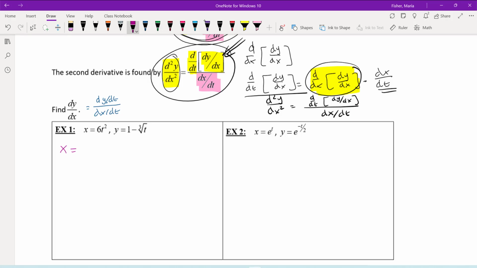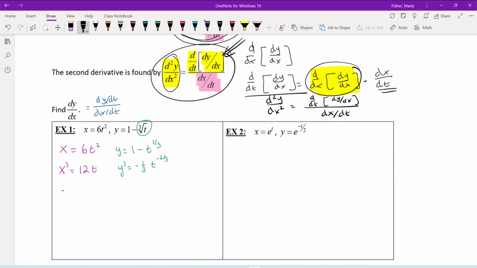If I have x equals 6t squared, instead of writing dx/dt, I'm going to write x prime. x prime here would be 12t. And for the other one, y equals 1 minus the cube root of t, I'm going to write it as t to the 1/3. y prime is going to equal negative 1/3 t to the negative 2/3.